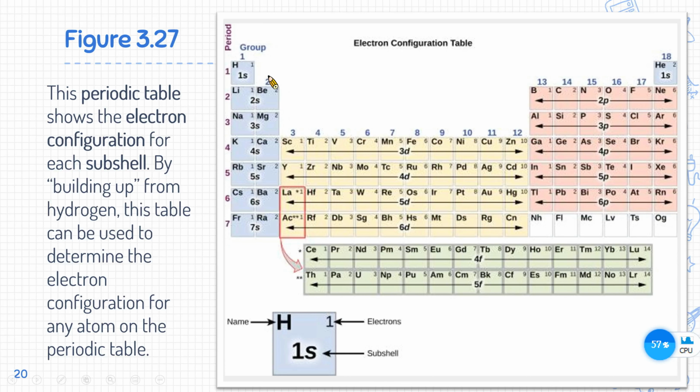Showing here is 1s, 2s, 3s, 5s, and here 2p, 3p, 4p, 5p, 6p. Here the transition elements 3d, 4d, 5d, 6d, and the inner transition elements, 4f and 5f.